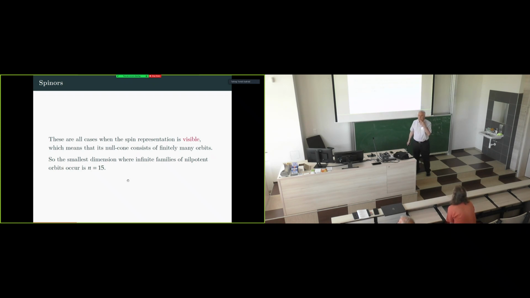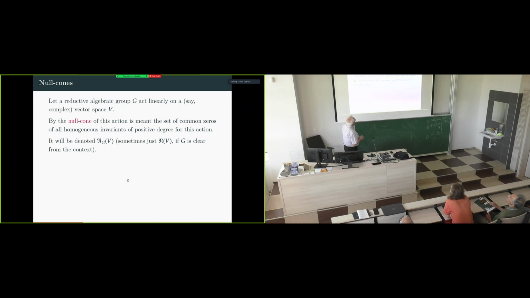This means that the null cone consists of finitely many orbits. And the first case when the number of orbits in the null cone is infinite is precisely n equal 15.